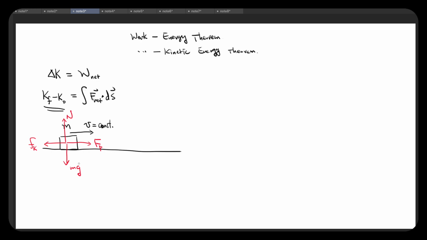Now from here, let's also say this object moves along this direction a distance of delta x. So now let's calculate the net work done by all these forces.